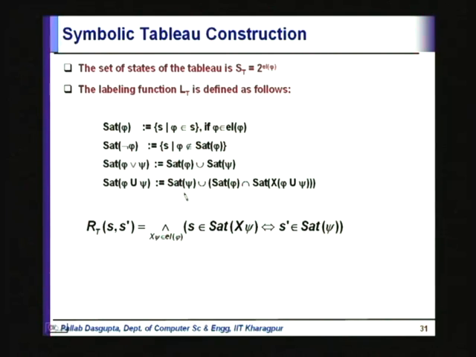This is obviously the case, because the states which satisfy this are the states which satisfy psi, and those states which satisfy var phi and satisfy var phi until psi in the future, in the next state, right.